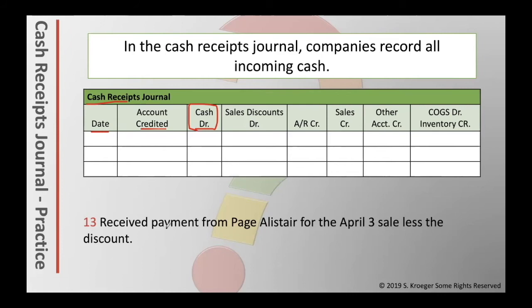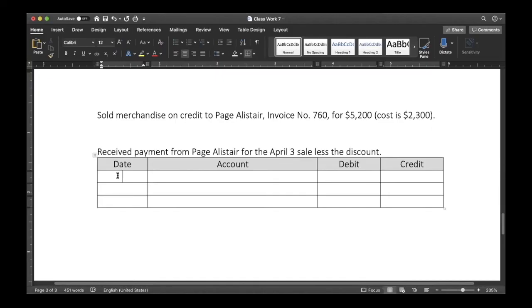Let's just think about what this journal entry would look like normally. The date for the original transaction will be April 13th. We received a payment. Remember, cash is always getting the debit. We received money from Paige Alastair for the amount they had owed from the April 3rd transaction, which I have here at the top.